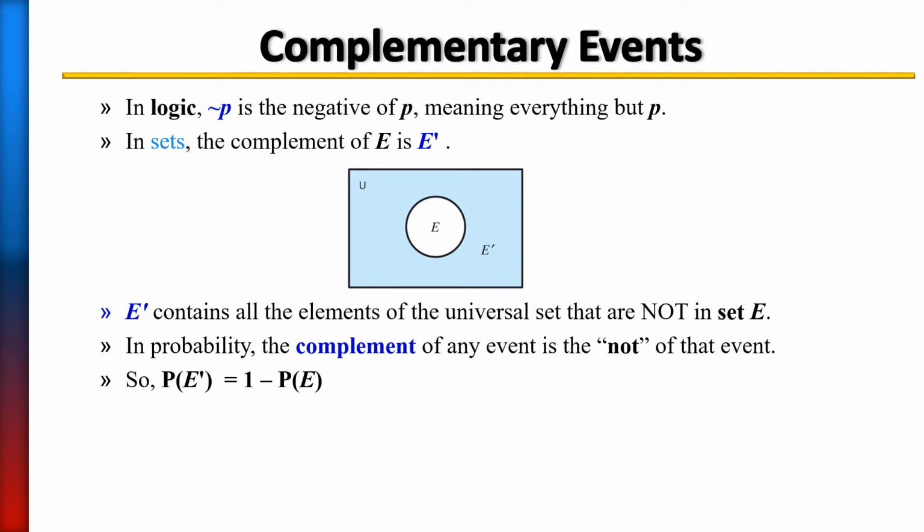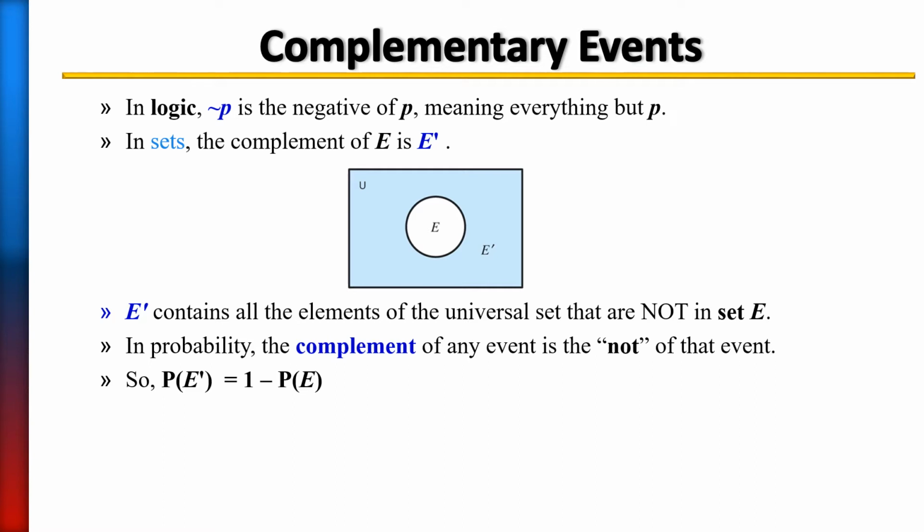Notice here in the diagram, everything in the set E is within the white circle. Everything outside of the white circle is your complement of E, and it contains all the elements of the universal set that are not in set E.